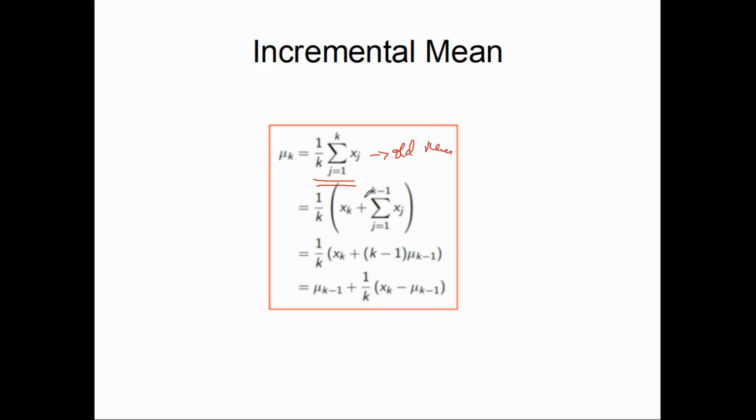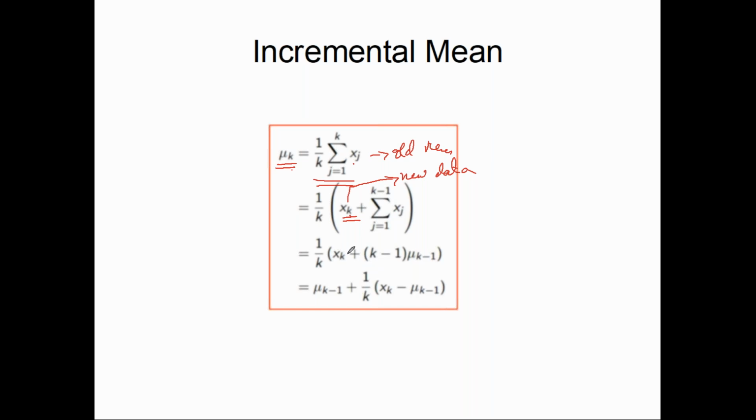Then what you have is the new data. So to the old mean, how do you add up the new data to arrive at this new mean? The old mean is there, the new data, and then the new mean comes.